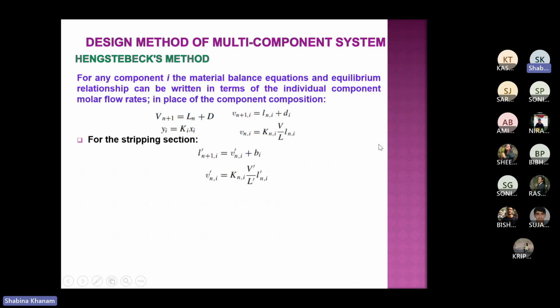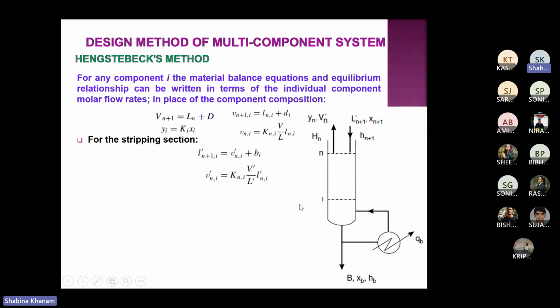For the stripping section, you see, this is the schematic where Ln plus 1 should be equal to Vn plus B. This is the usual balance we make, and here small l, small v, small b are nothing but the individual component molar flows.